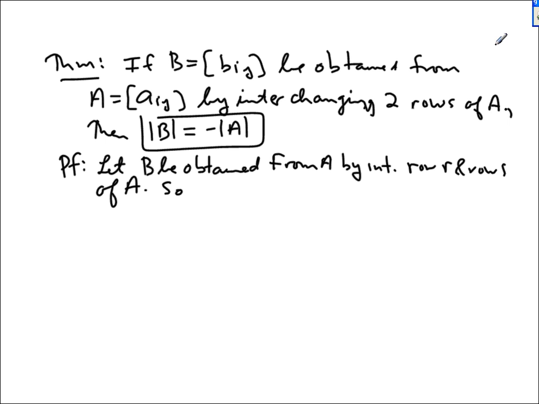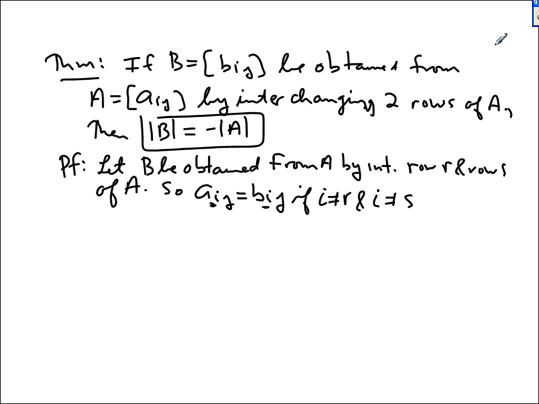So Aij and Bij are equal to one another if i is not R and i is different from S. If we're not talking about row R or row S, they're equal.